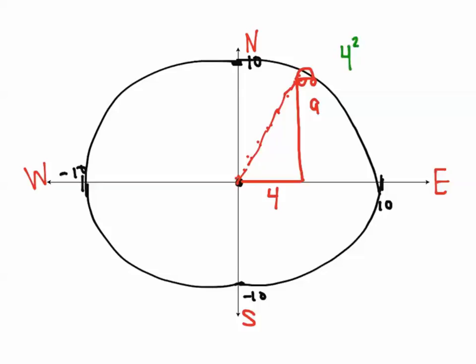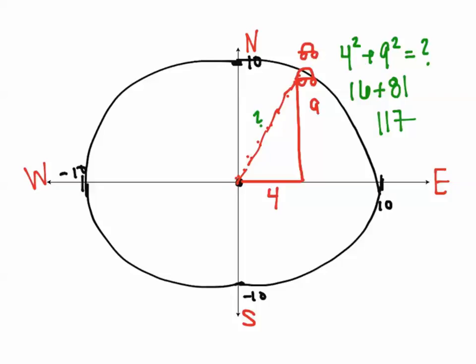So 4 squared plus 9 squared equals what? We're trying to figure out what this right here is. Are we in cell phone tower range? So 4 squared is 16 plus 9 squared is 81. That is 117. So what that means is my car is actually way out here.